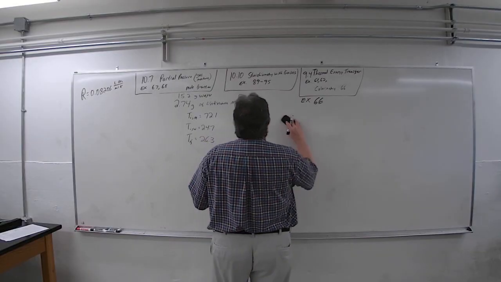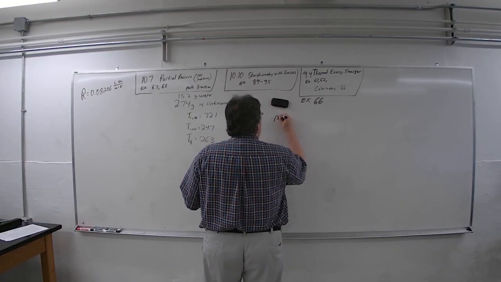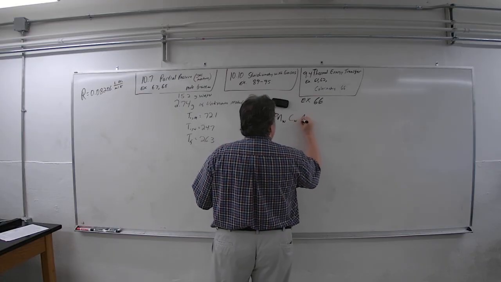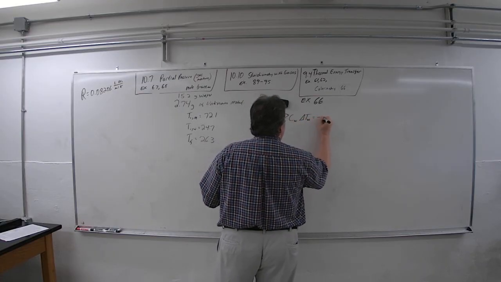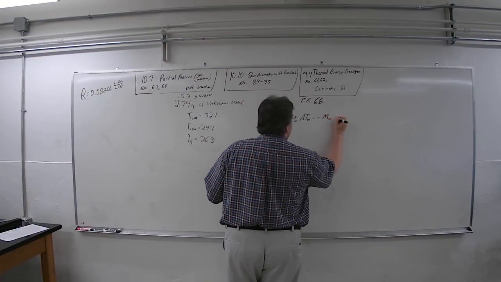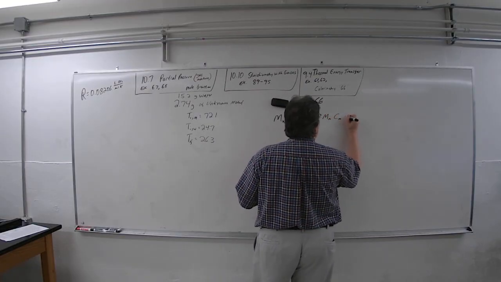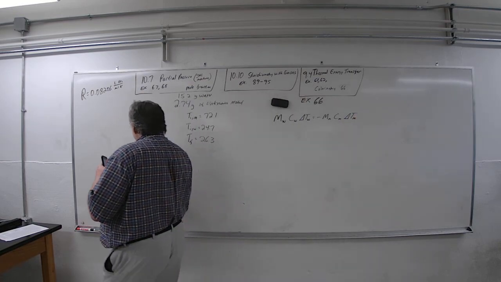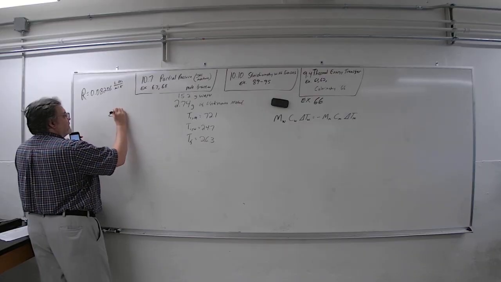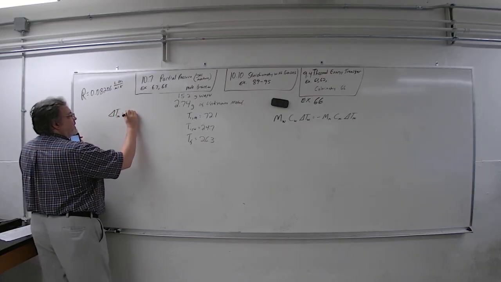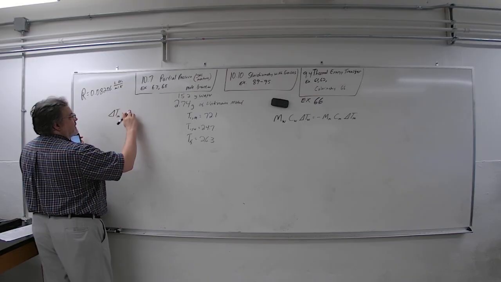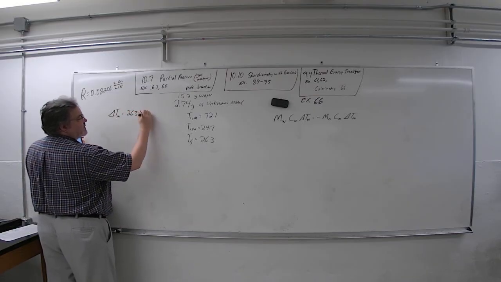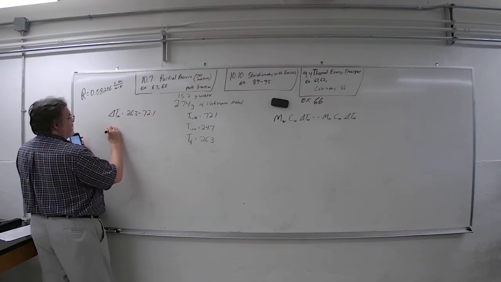So you're using that same formula. Mass of water, heat capacity of water, delta T of water equals negative mass of the metal, heat capacity of the metal, and delta T of the metal. So delta T for the metal equals final temperature 26.3 minus initial temperature 72.1, which is negative 45.8.